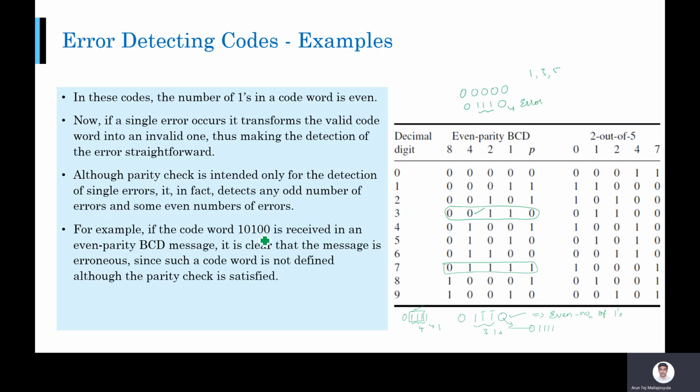So for example, if the code word 10100 is received in an even parity BCD message, what is the issue? How many ones are there? 2 ones are there, and the parity bit is 0, so there is no issue with the parity. Parity is satisfied.